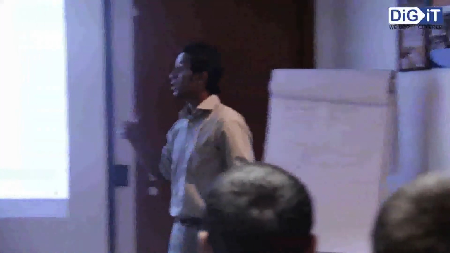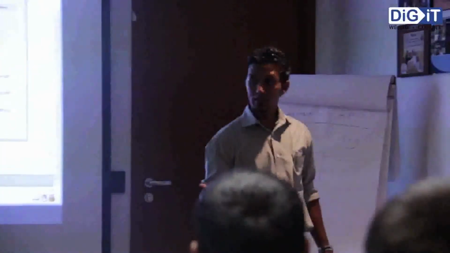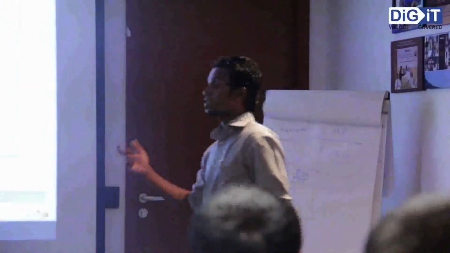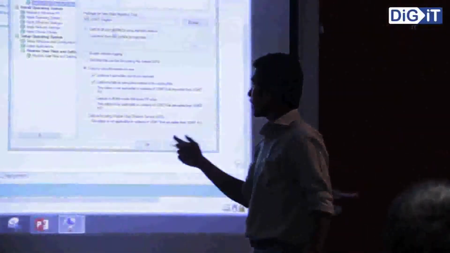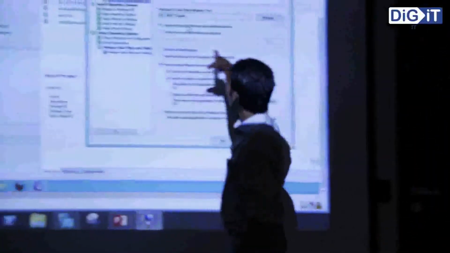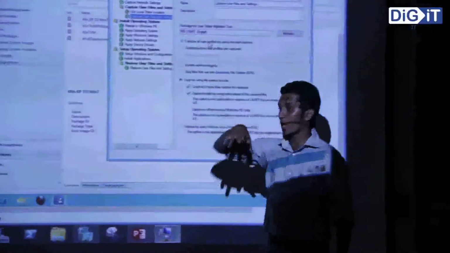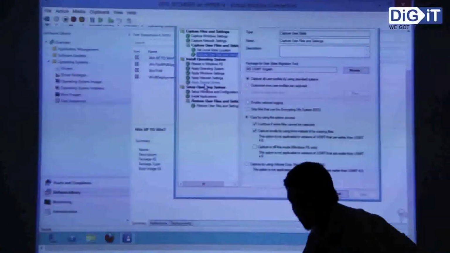It comes under the AIK tool, which I told you about. If you want to install SCCM, AIK is a prerequisite, and under AIK, USMT is included. So it's using the USMT file to capture the user state data. Likewise, there are so many options you can configure.